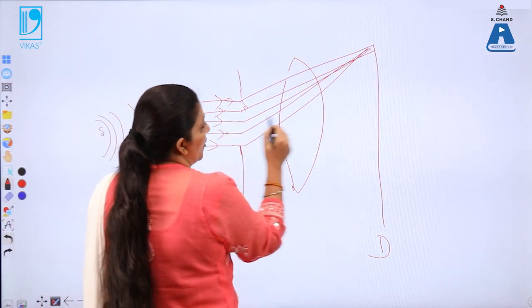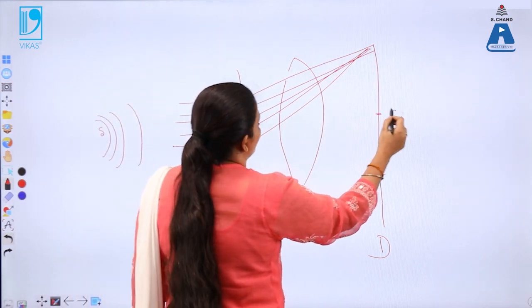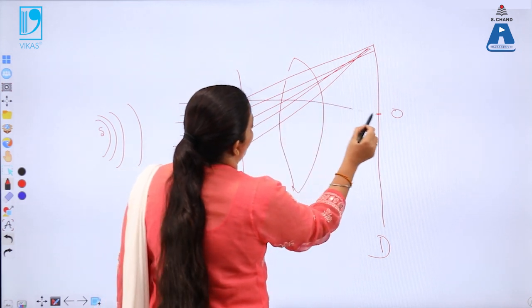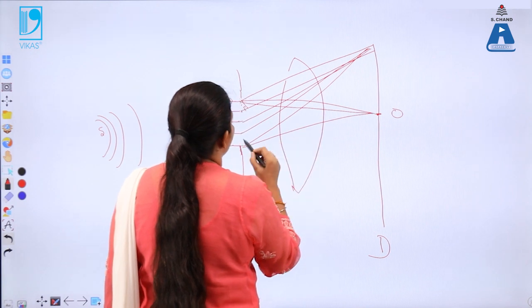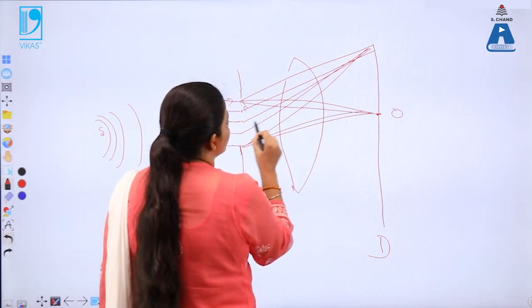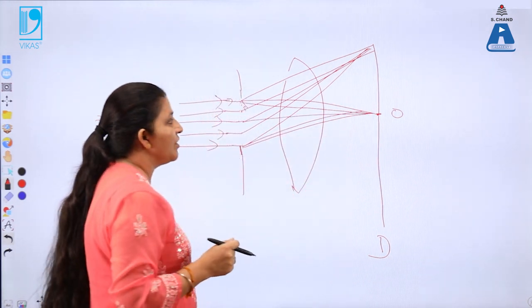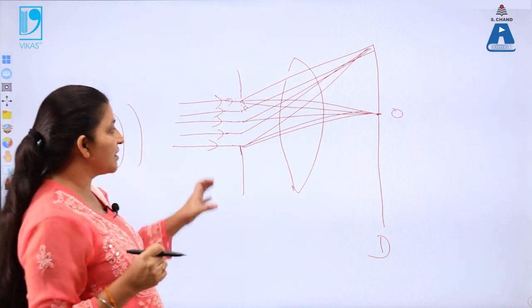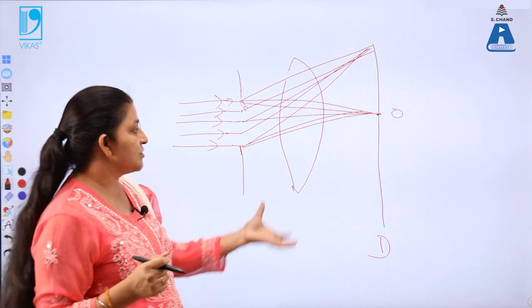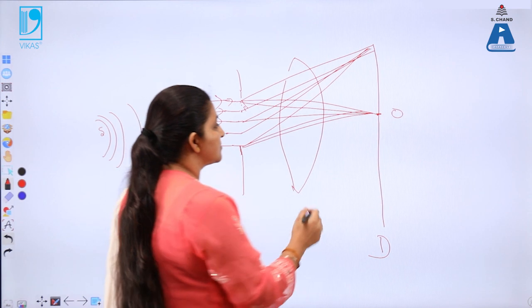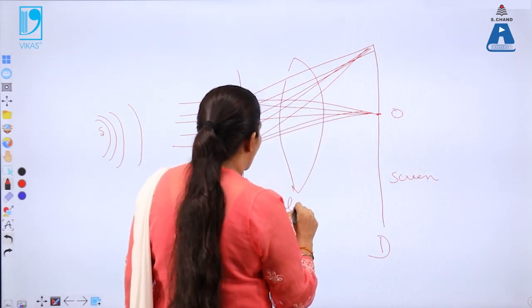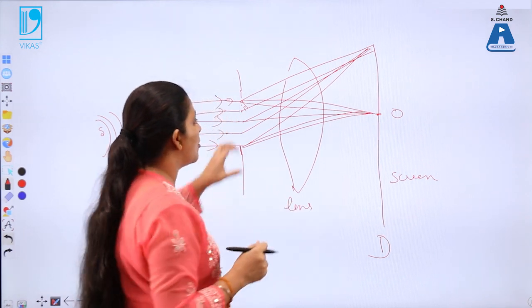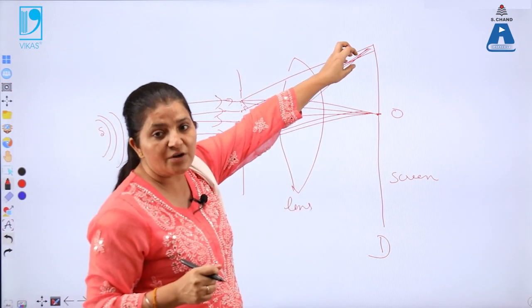Again, at the central point, all the rays can be connected to each other by using the lens. Because if the lens is not used, we are not able to bring the light together on the screen. If this is a screen and that is a lens, without the lens the light cannot converge to one point.